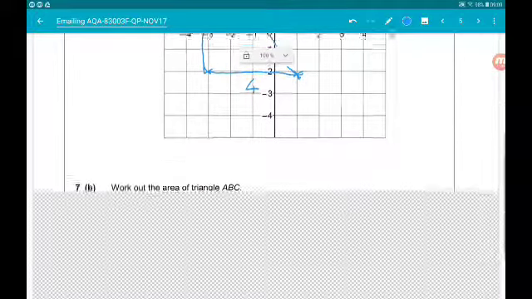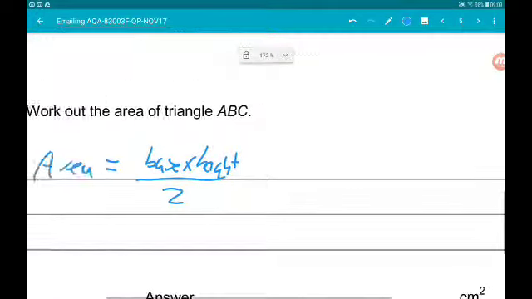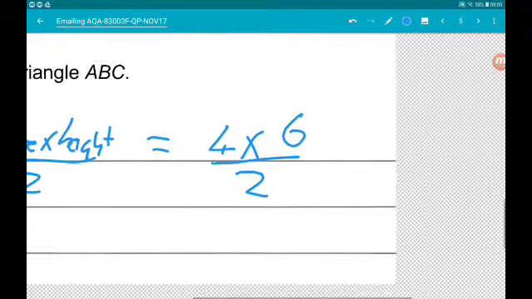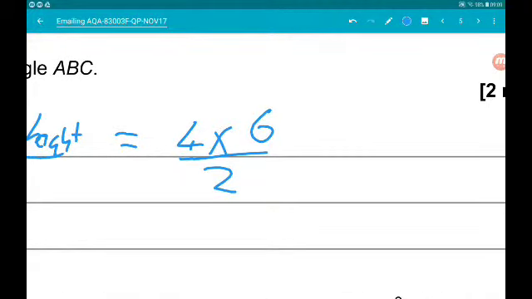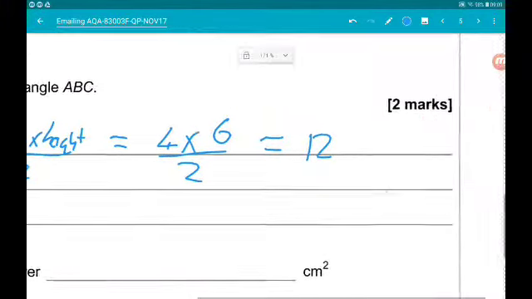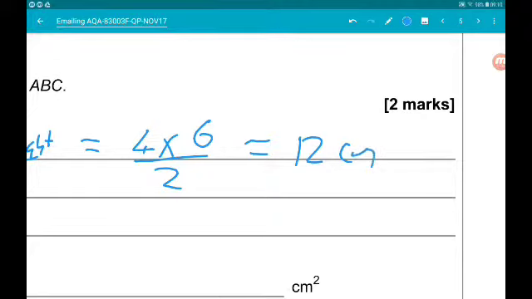So the area is 4 times 6 over 2. 4 times 6 is 24, divided by 2 is 12. So the area is 12 centimeters squared. Cool.